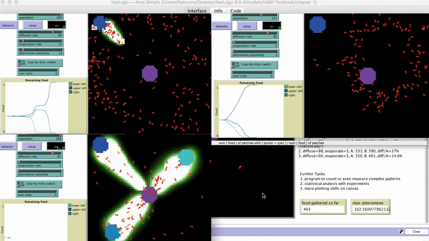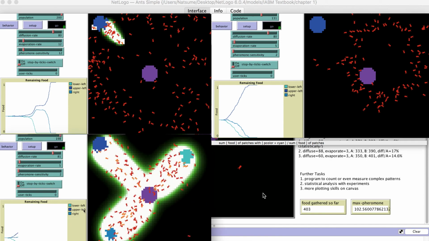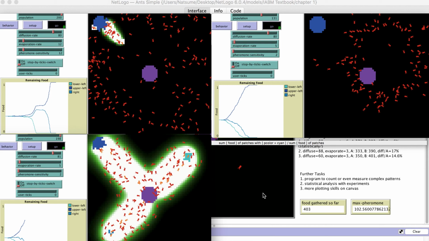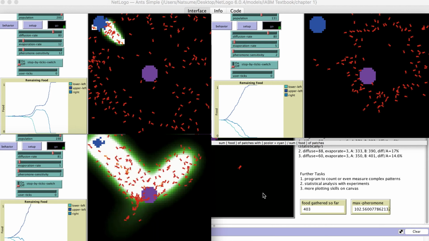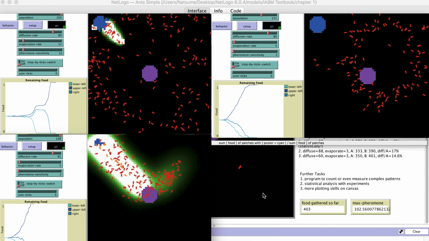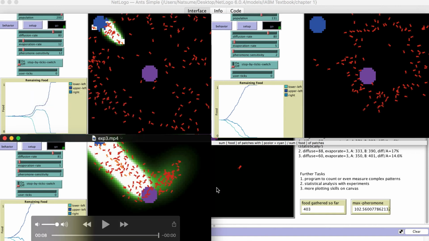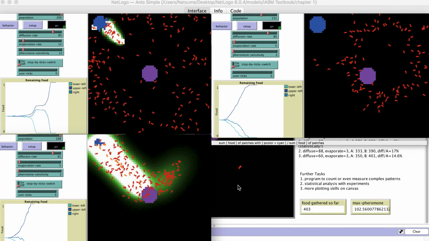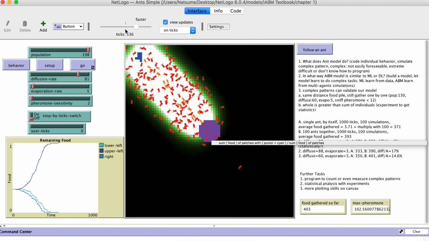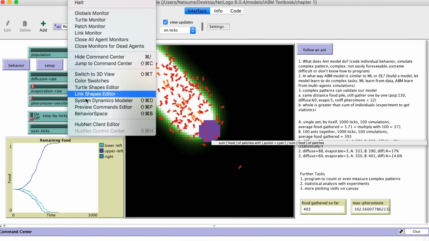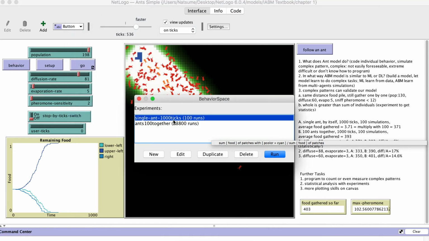So that's this pattern. So in order to use the parameter search to distinguish these three types of patterns, we have to use a tool called BehaviorSearch to help us design the experiments.